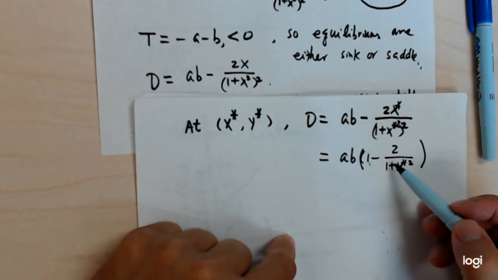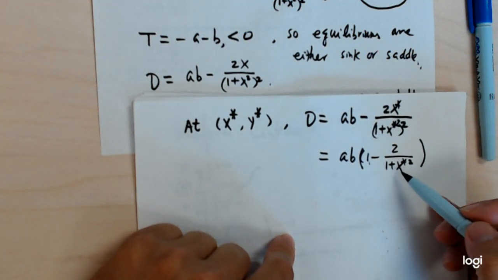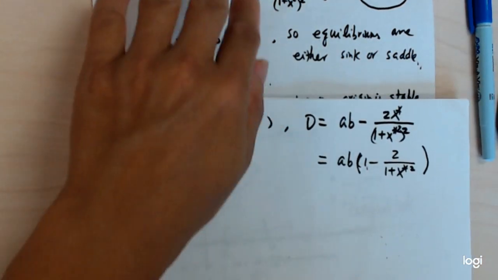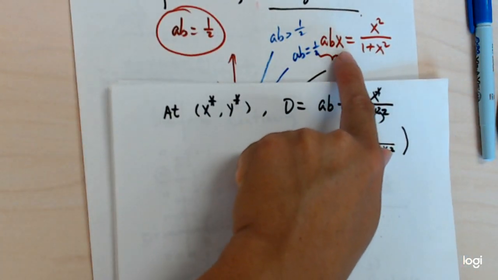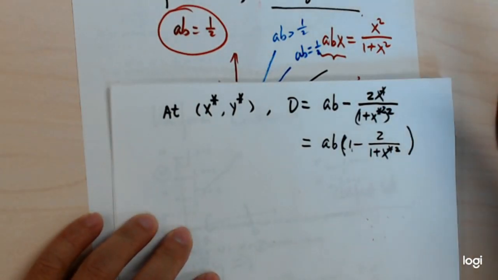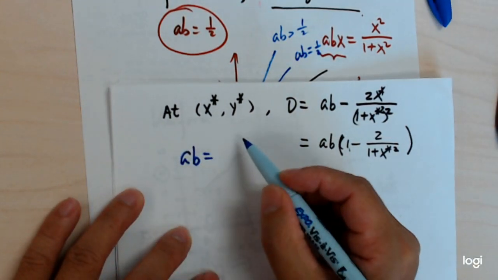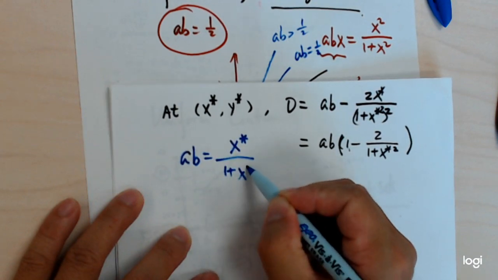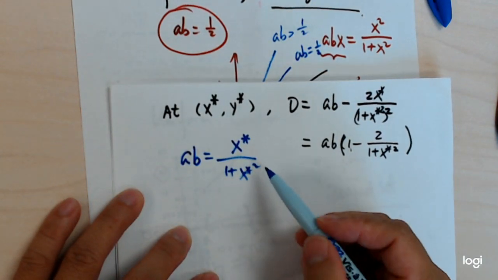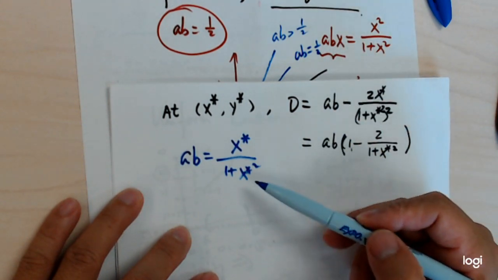There's a 1 here, and we have minus 2 over 1 plus x star squared here. If you go back to the way that we found the equilibrium, that equation actually implies that ab is always the same as x star over 1 plus x star squared. Cancel out the x here, you get x star on the top and 1 plus x star squared on the bottom.